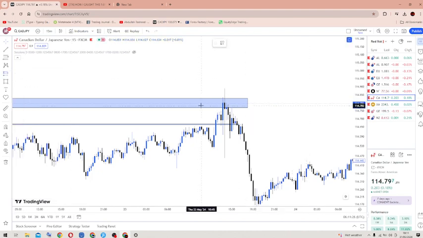So what I was looking at was to see what is happening before I take any sell opportunity. When the news came out, it first took out all the sellers who had stop losses over here.